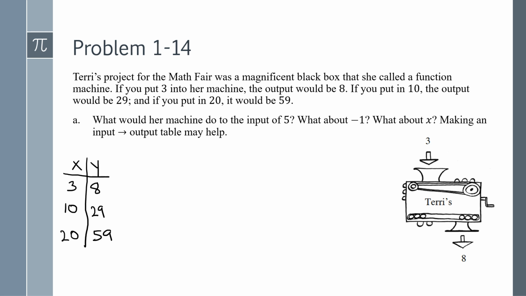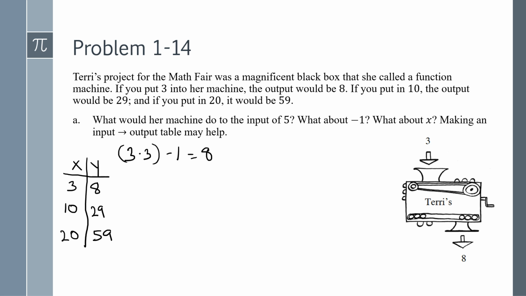Well, my first thought is if I take 3, and then multiply that by 3, and then subtract 1, I believe that should give me 8. So 3 times 3 is 9, minus 1 is 8. So if I triple the input and then subtract 1, it should work out.